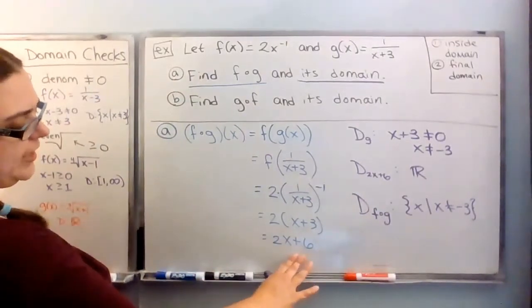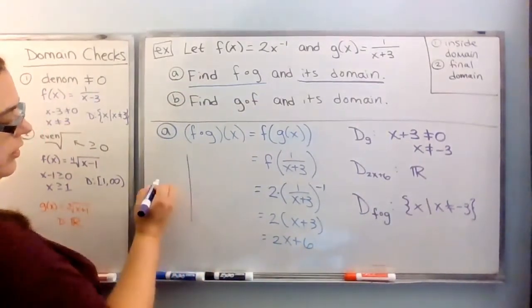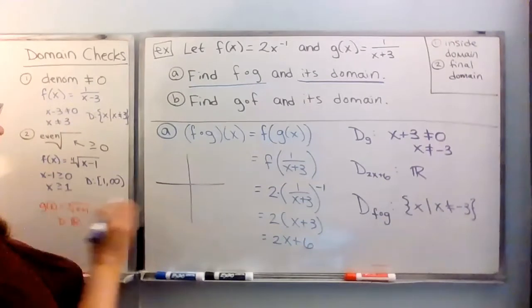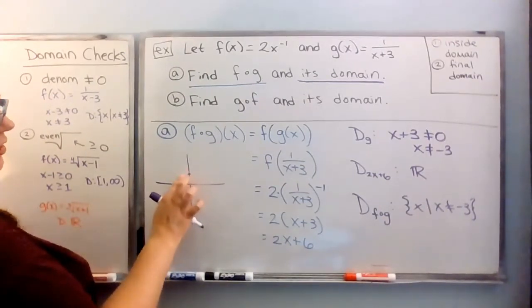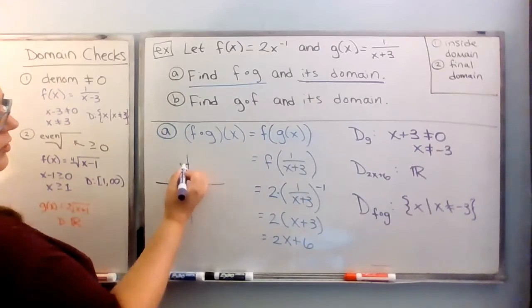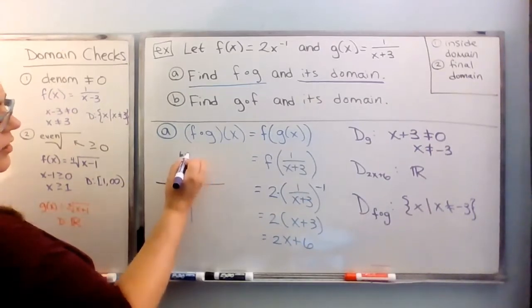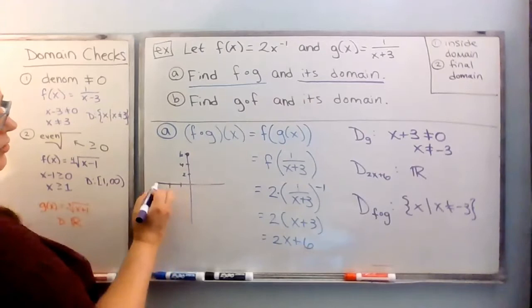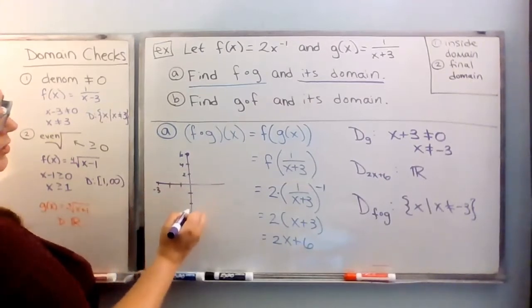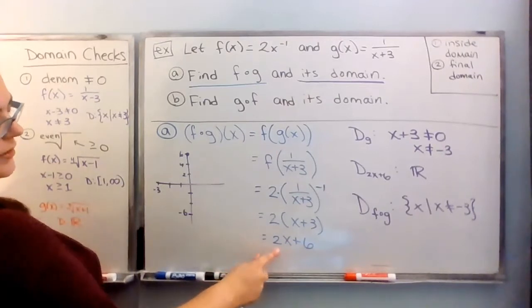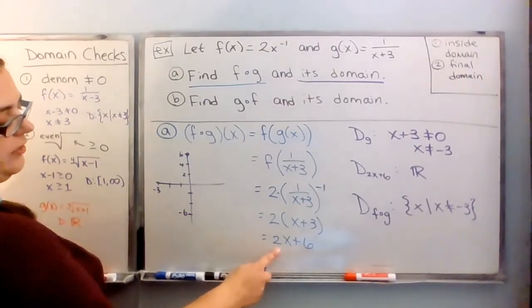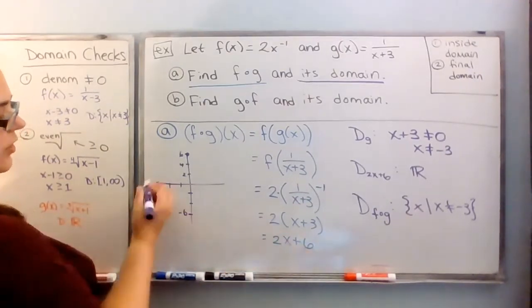So let's see, we could sketch this real quick. So 2x plus 6, I'm going to call this one 3. Don't want to do that now. Let me count by 2's. 2, 4, 6. And let's see, if I were to plug -3 into this, 2 times -3 is -6 plus 6 is 0.